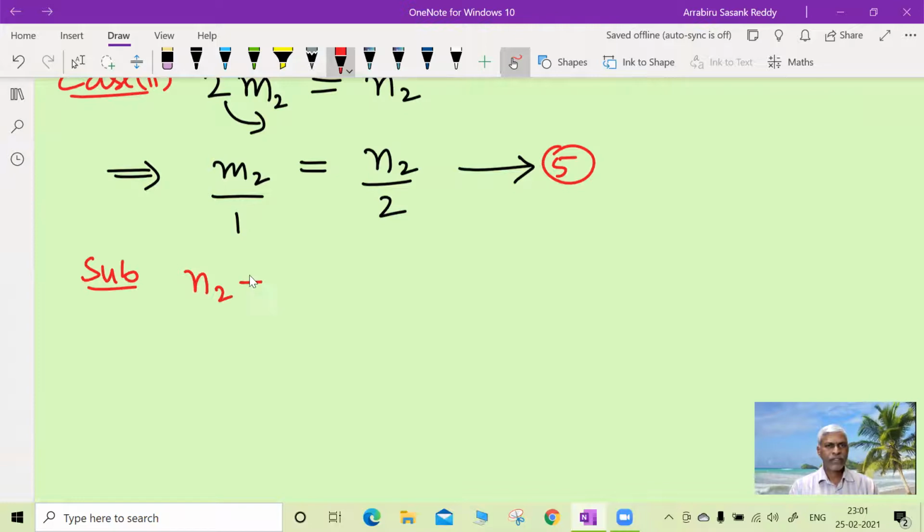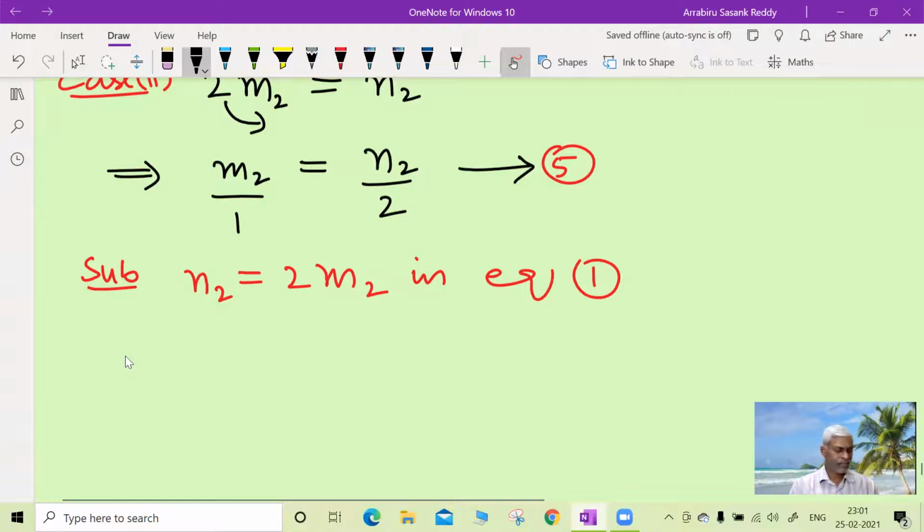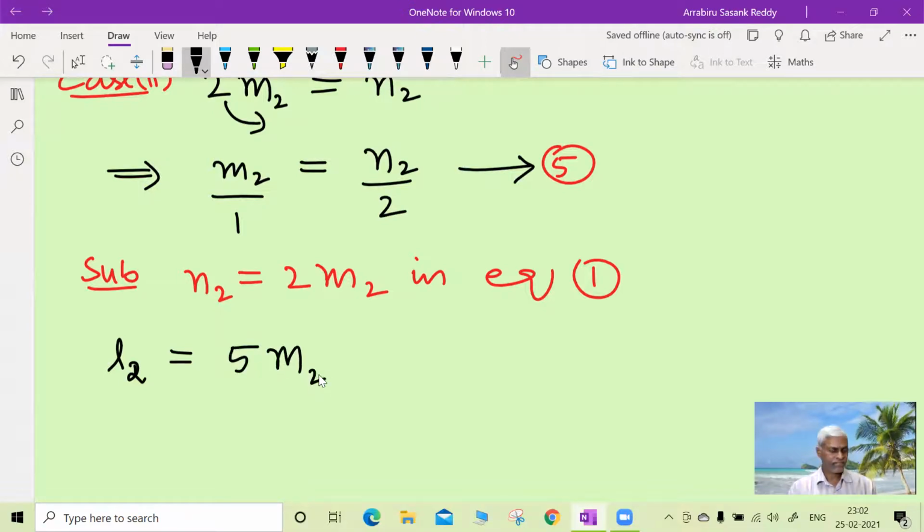Substituting n2 is equal to 2m2 in equation 1, that is, l2 is equal to 5m2 minus 3n2. In place of n2, write 2m2.